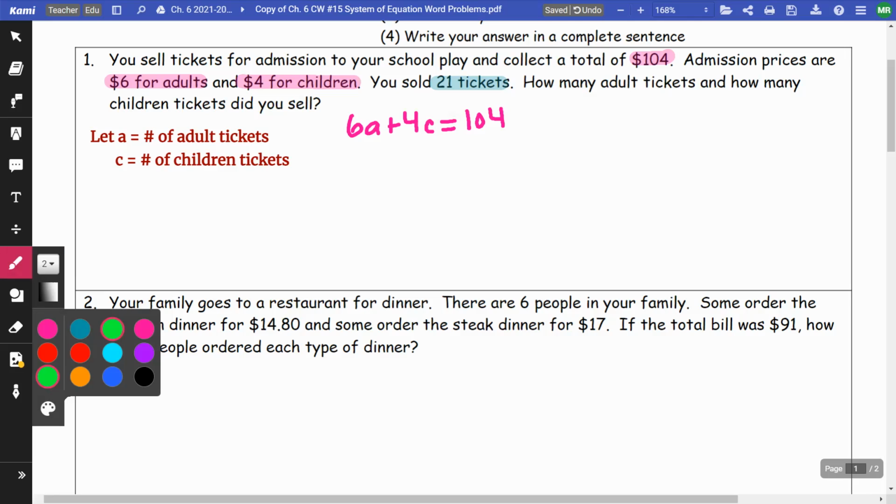My second equation is going to be the total tickets, which is 21. So I take A, which is how many adult tickets were sold, plus C, which is how many children tickets were sold, and that's going to be 21.